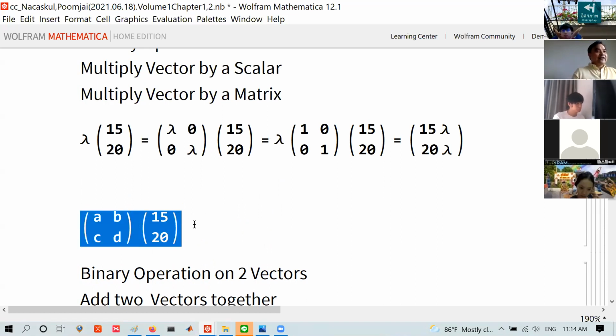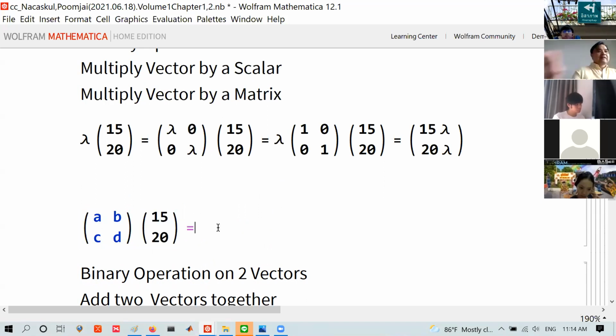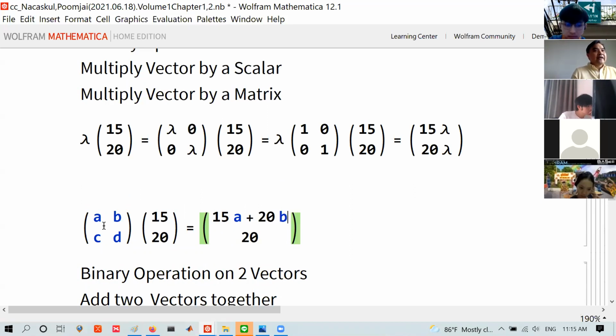Remember, equal to what? 8 times 15 plus 20 times B. And this is 15C. So you can do this. The point is, once you get to this, you can't divide.